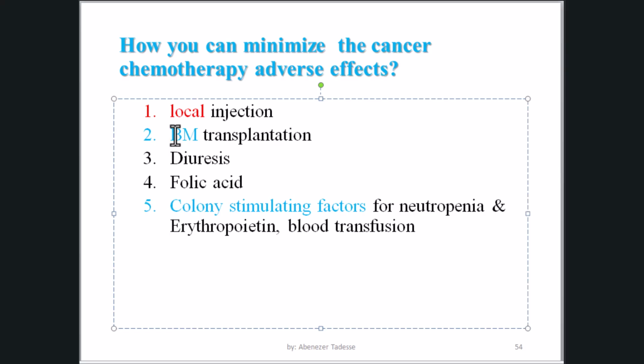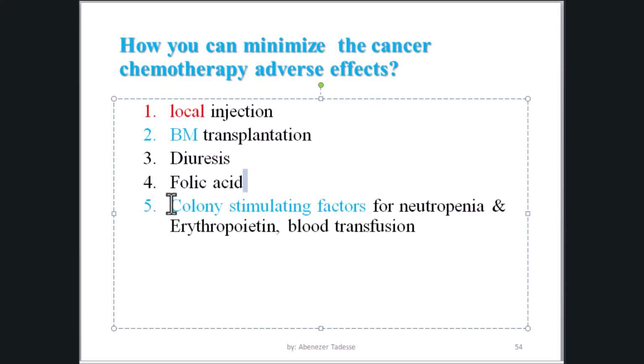The other one is bone marrow transplantation after treatment. By replacing the damaged bone marrow, we can save the patient. The other one is diuretics to increase urine flow and to facilitate removal of many drugs with low solubility. The other one is folic acid to compensate for the side effects associated with chemotherapeutic agents, especially with methotrexate.